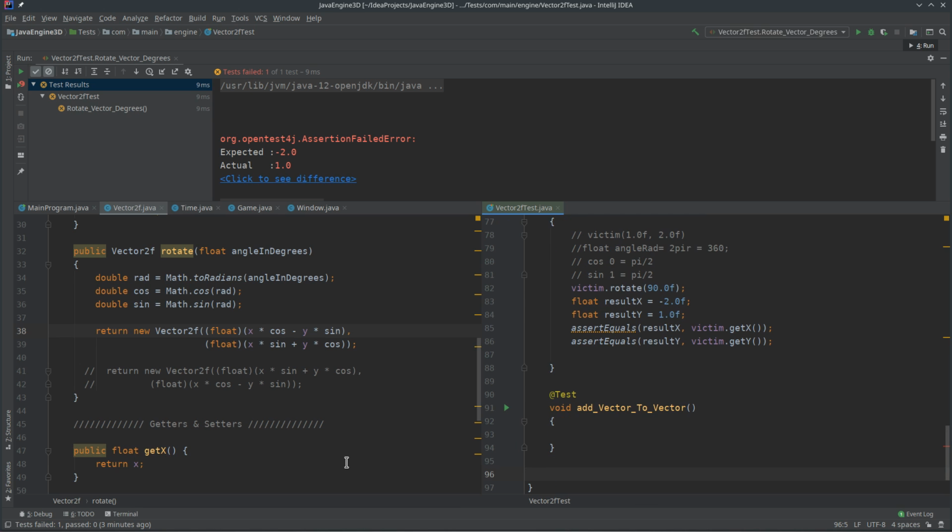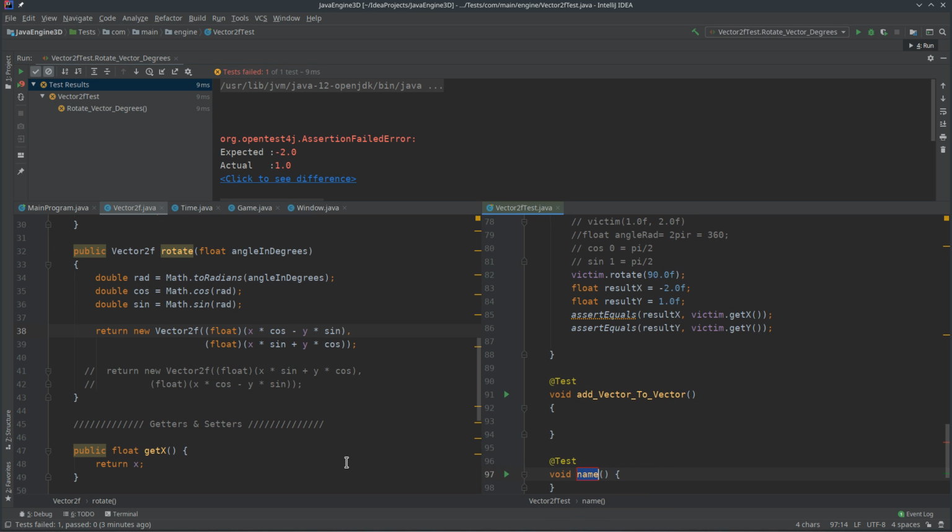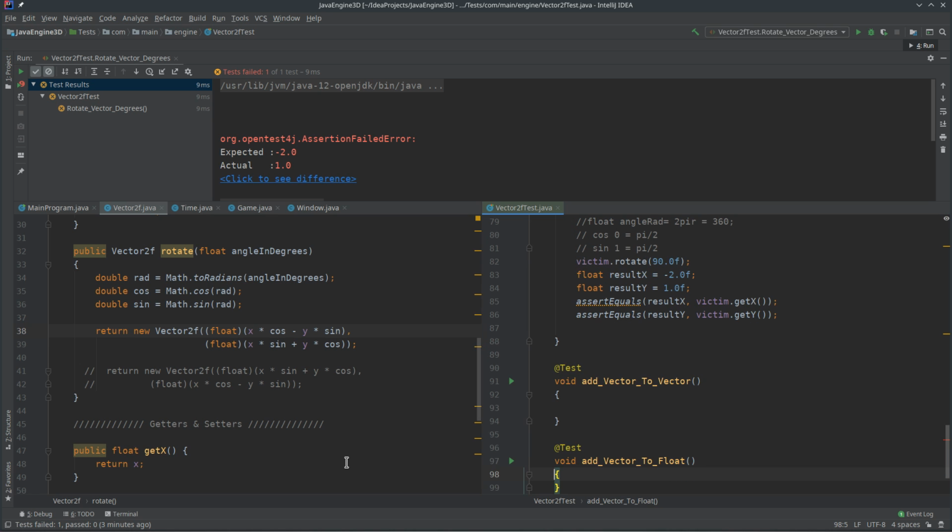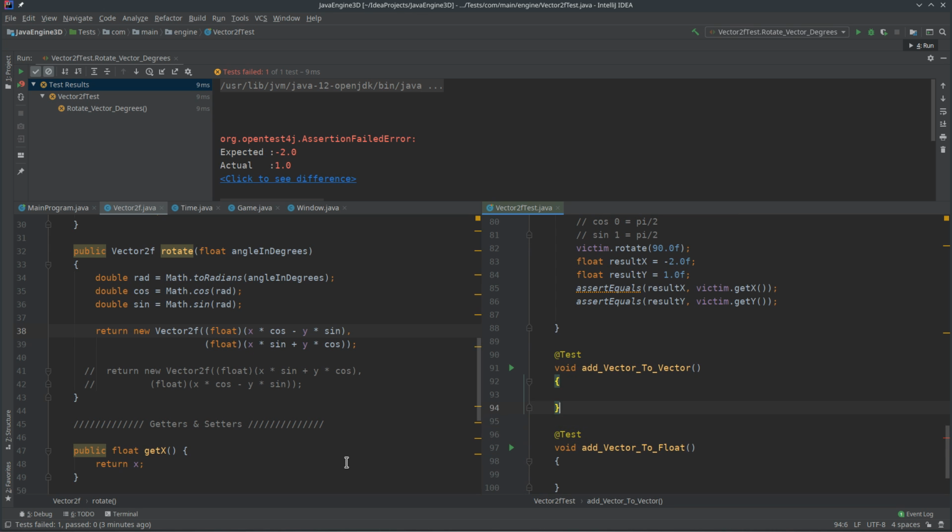And the other one I want is add. Now I've got to get this the right way round, because you can do it either way round here. Vector to float, isn't it? I want the float on the right hand side. Okay, so vector to float. These are simple tests, really. Well, supposedly. Let's see if we can write them.